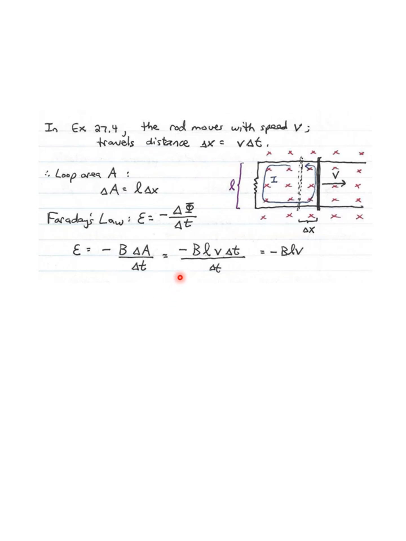Now we have negative B, and then I'm going to replace delta A with L delta x, what I wrote up here. And remember, delta x is v delta t, so that numerator becomes negative B L v delta t, but then divided by delta t. So the electromotive force in volts becomes negative BLv. So that means the magnetic field times that length times the speed that we're pulling on the bar.